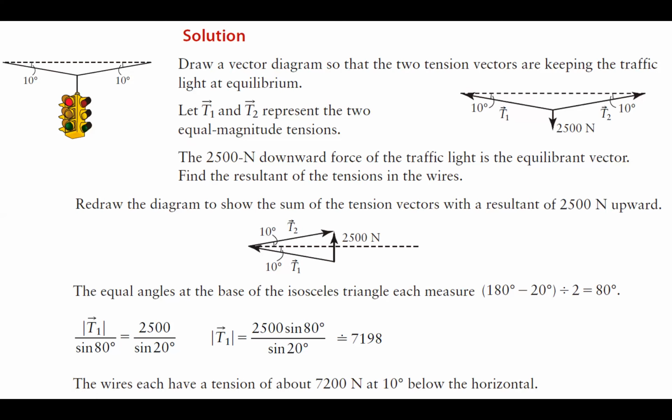The unit is Newton. Therefore, we say the wires each have a tension of about 7200 newtons at 10 degrees below the horizontal.